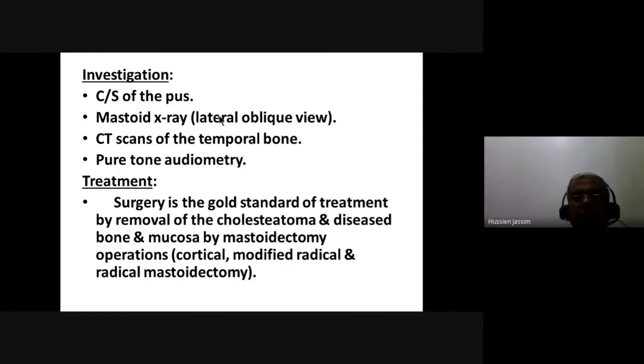Radiological investigation, as we said, especially CT scan of the temporal bone, is very important because we have surgical treatment; we have to do a CT scan and pure tone audiometry. As we said, the treatment, the gold standard, is surgery to remove the cholesteatoma and diseased bone by any type of mastoidectomy: cortical, modified radical or radical mastoidectomy.